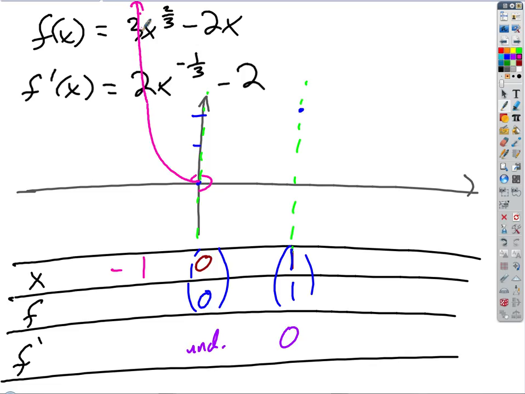Now this point is higher than this point, isn't it? Between these 2 points, could this function ever turn? No. It can't, because we only have 2 critical numbers total. So the maximum number of peaks or valleys we could have is 2. One there and one there. So this function has to do something like that.